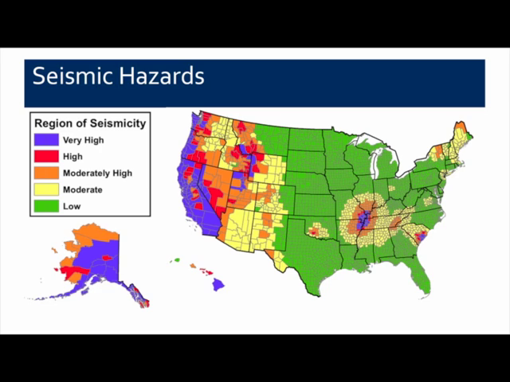And as you'd expect, most of California and the West Coast, Oregon and Washington are very high seismic. There are a couple of pockets of high seismic areas in the New Madrid area in southeast Missouri, and then there's a little bit in the Charleston, South Carolina area, and very large sections of the Midwest and East that have very low seismicity.